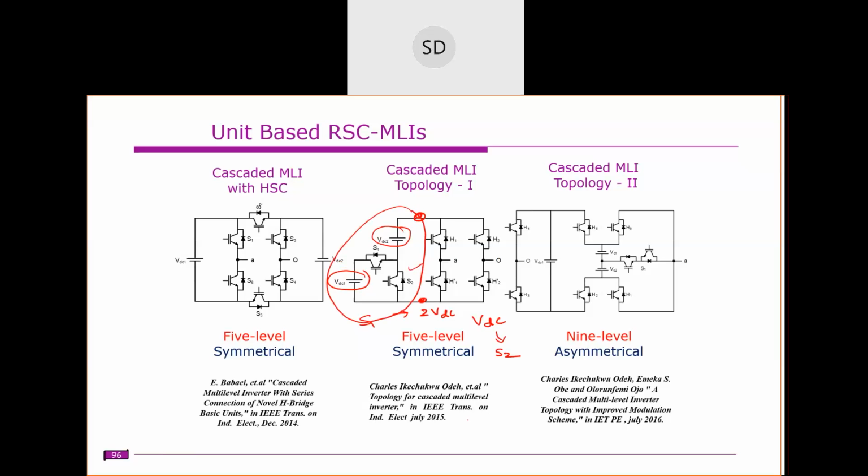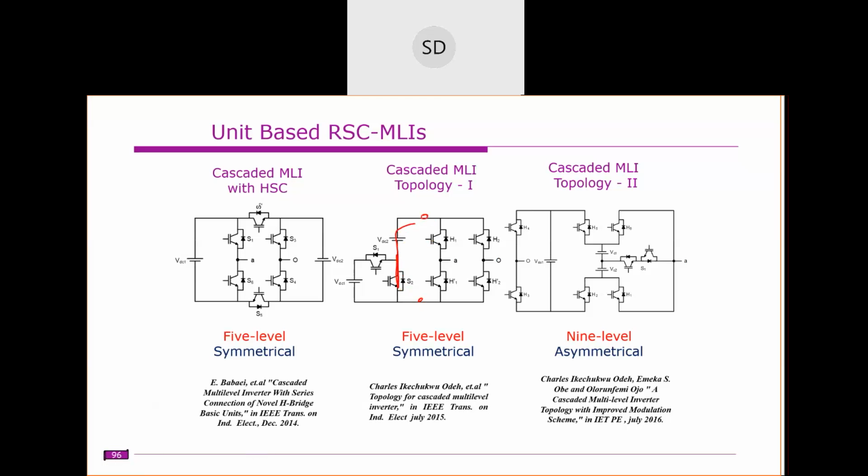If you turn on S2, the voltage is VDC only.